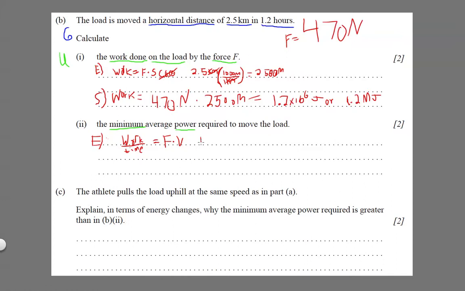So what I need to do is dimensional analysis here. This is one where it might be helpful to actually do the dimensional analysis, even though it takes a little while to write it out. 1.2 hours times 60 minutes divided by 1 hour. Cross out hours here, times 60 seconds in a minute.